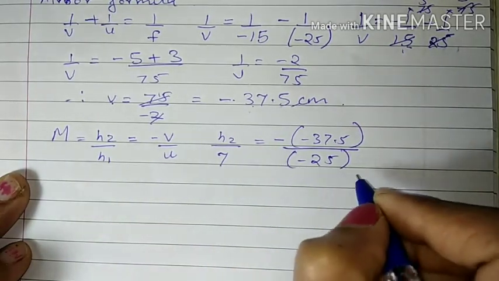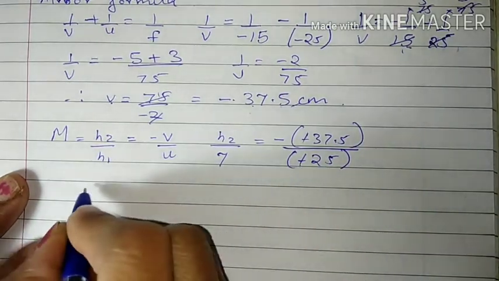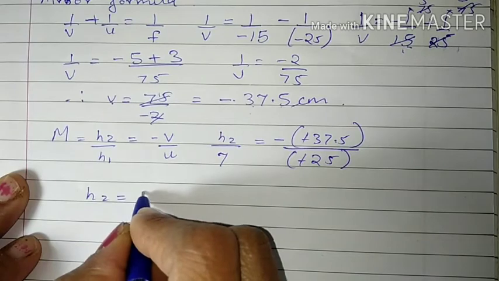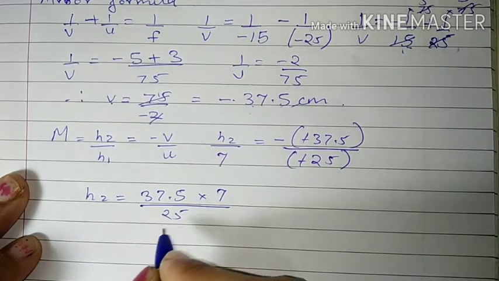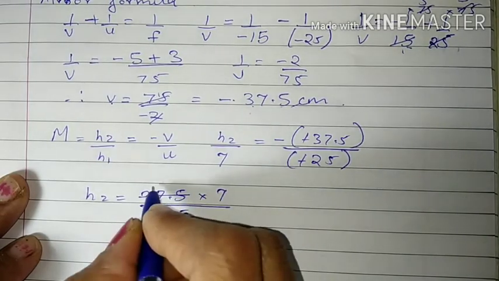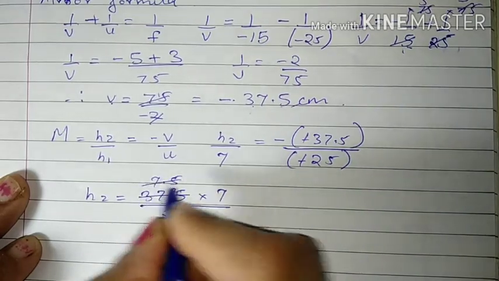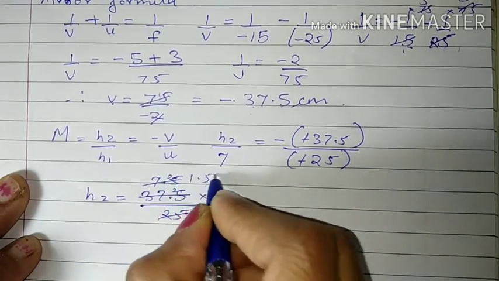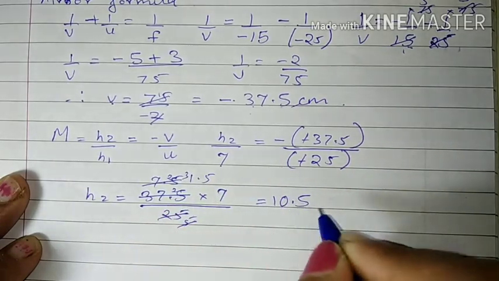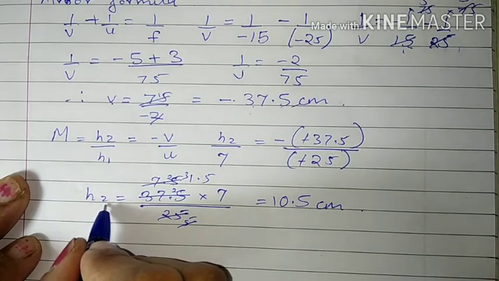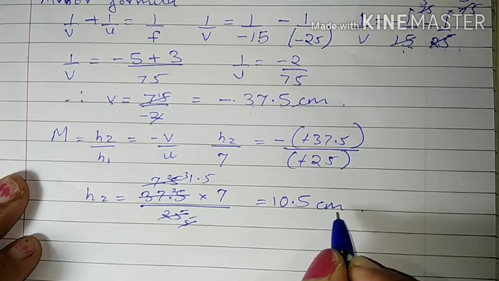Make sure to write all these signs. So you get H2, the height of the image, as minus 10.5 centimeters. That's the second thing.